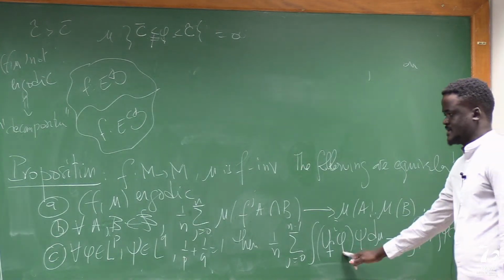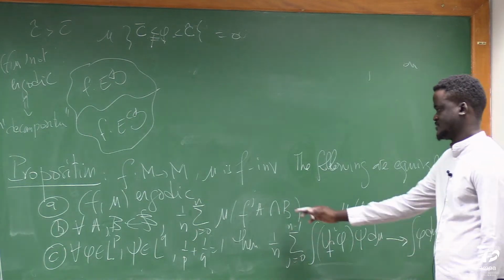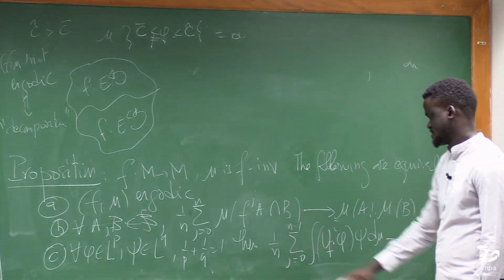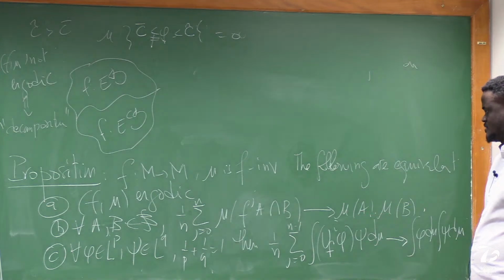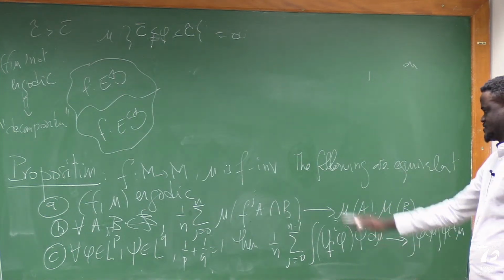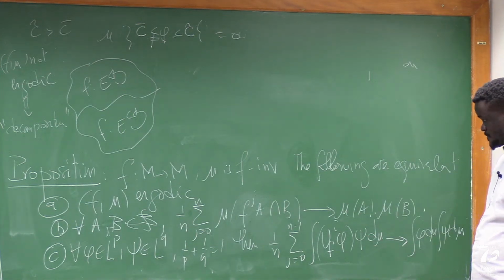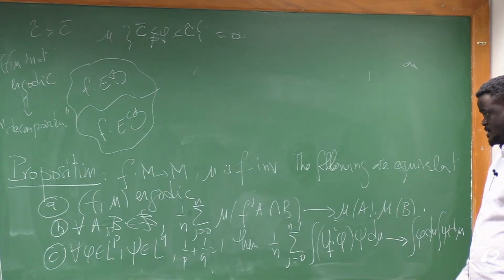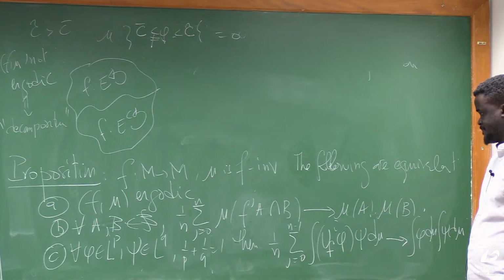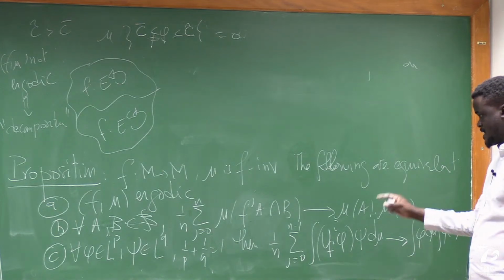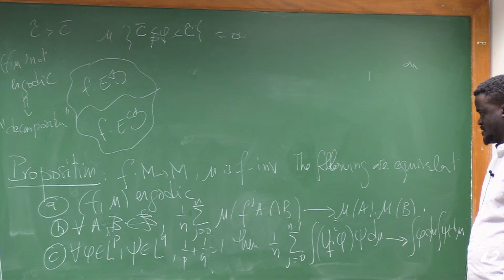And this is similar to this one. This is using sets, this is using functions. This is the function version of that one. These are interesting properties in dynamical systems.